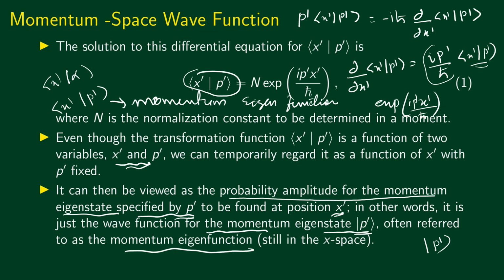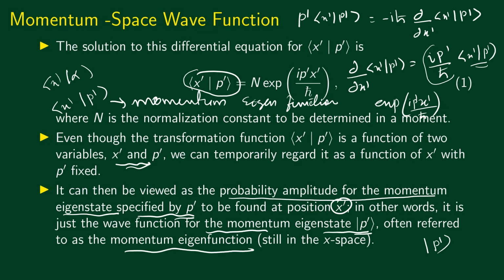Now we are asking this question: if you are given a momentum eigenstate ket p prime, and I am trying to measure the position on this state, what's the probability amplitude that this system is found at x prime?